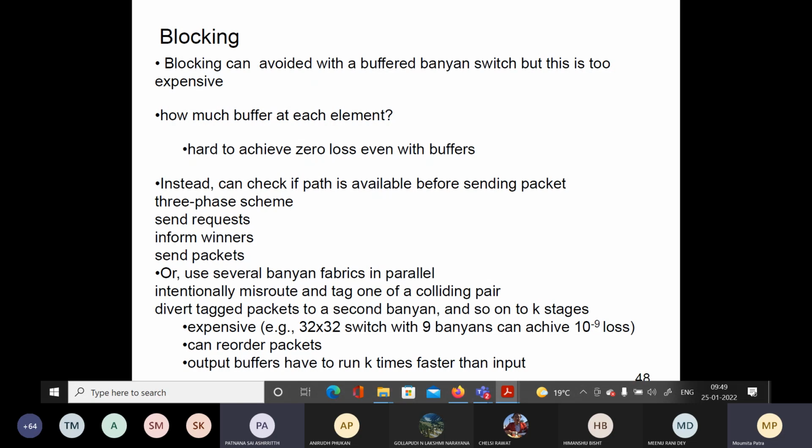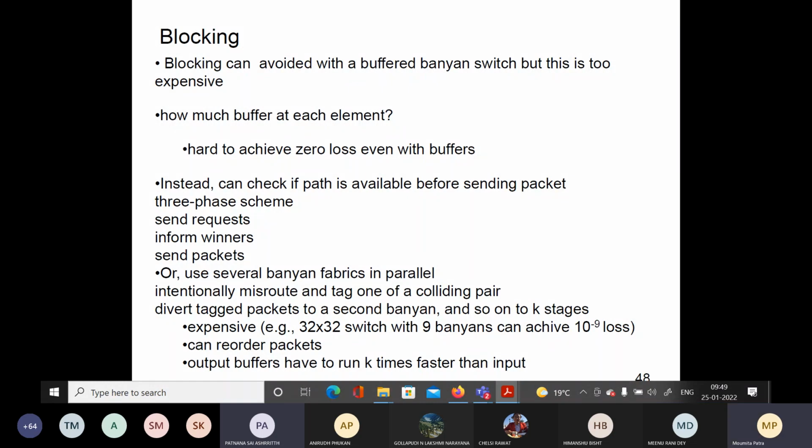What if you have too many packets arriving as compared to the size of your buffer? So buffers is one way to avoid, but it cannot completely avoid blocking in this case.